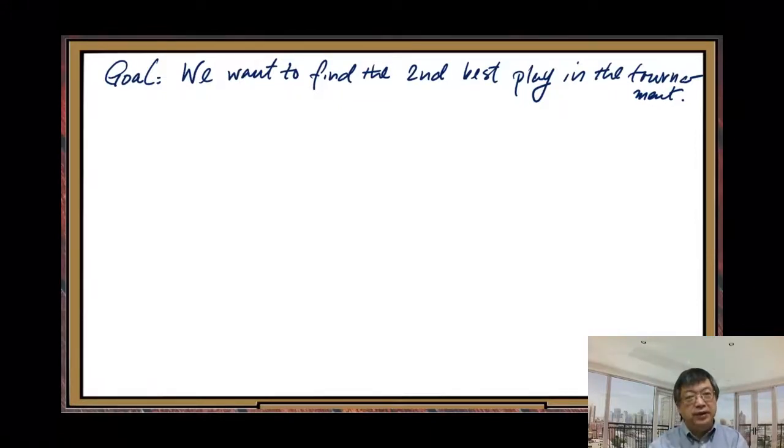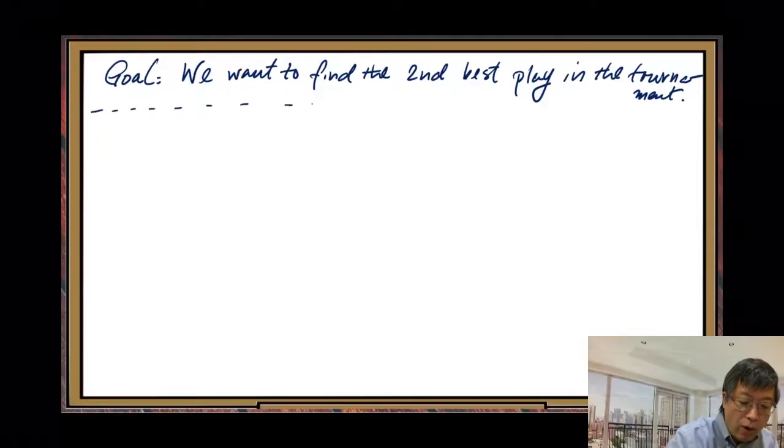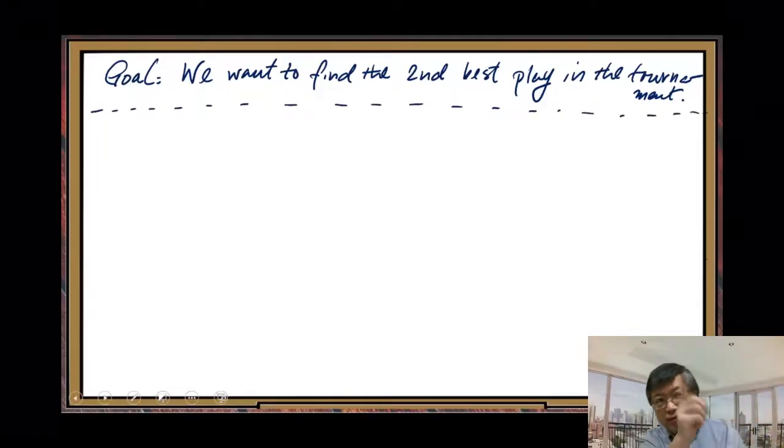How to do it? So here we need to explore a critical property. If you can observe that critical property, then you have a good chance to find the answer.